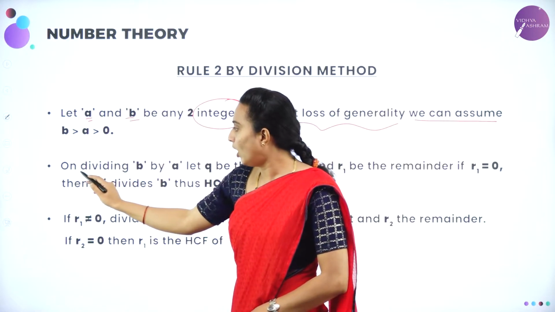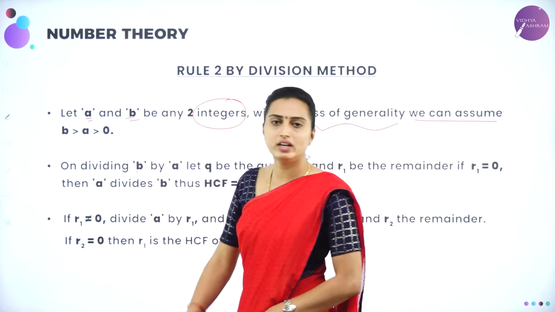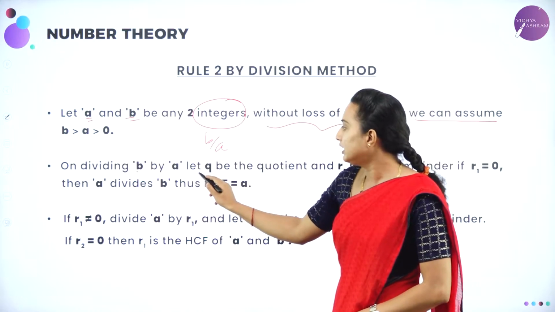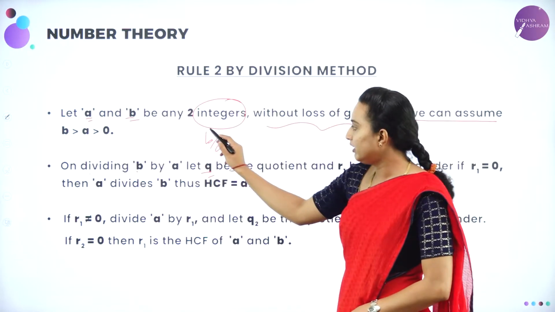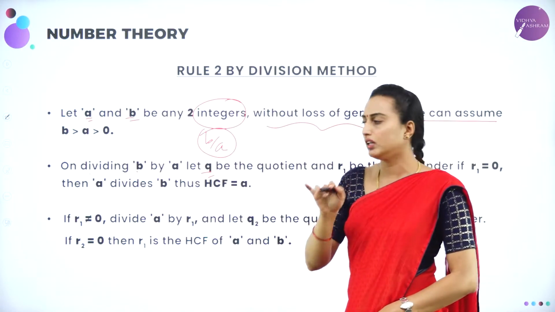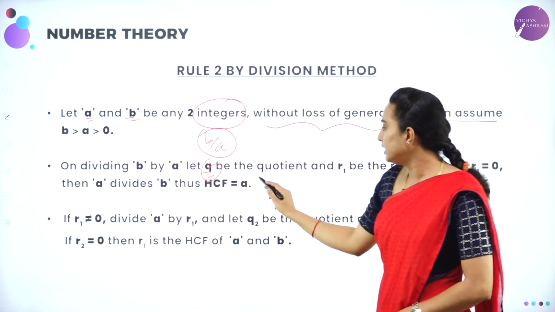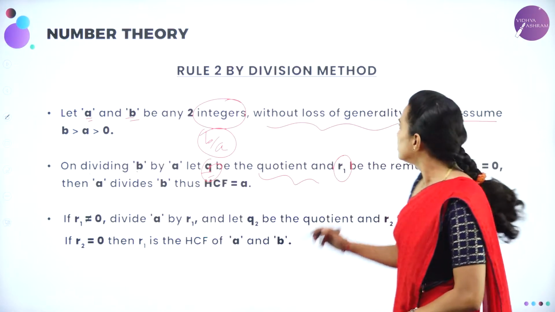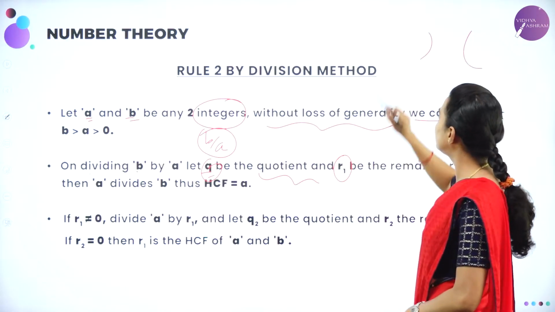So next, on dividing B by A, let Q be the quotient and R1 be the remainder. Okay, so this is the division rule.